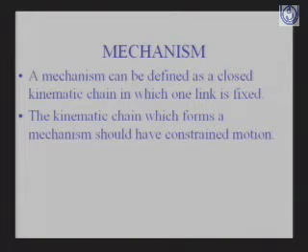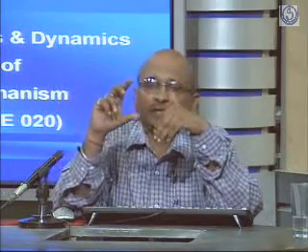After discussing the different types of links and chains, we can come to the mechanism, because we have already talked about the link. A link is a basic element. When you combine 2 links, there is a formation of a kinematic pair. When these kinematic pairs are coupled together, they form the kinematic chain. Remember, we have discussed that not every chain is a kinematic chain.